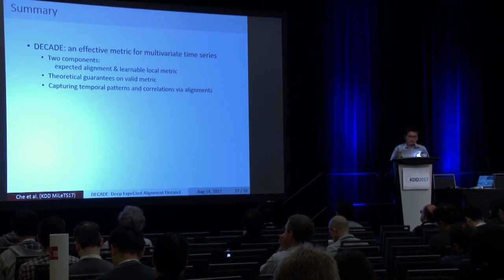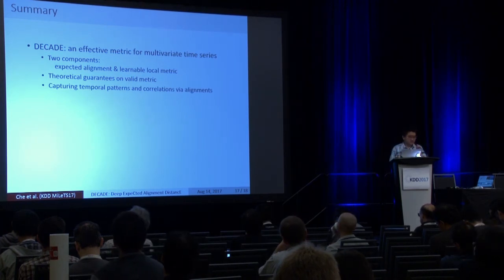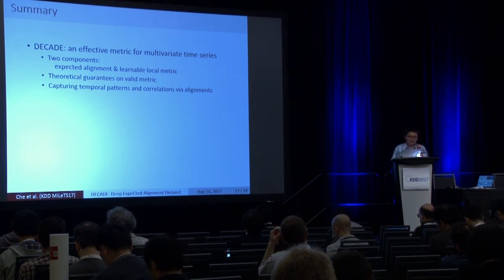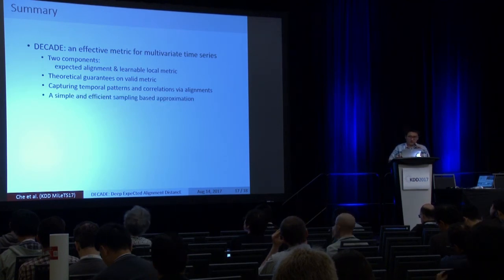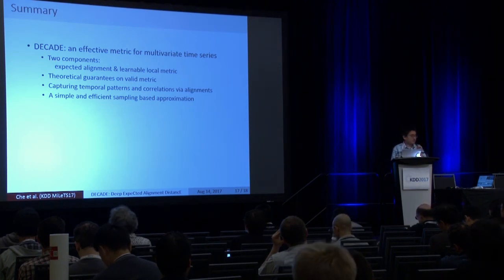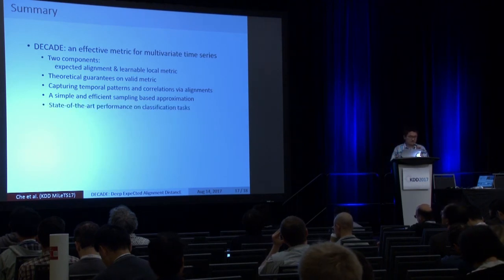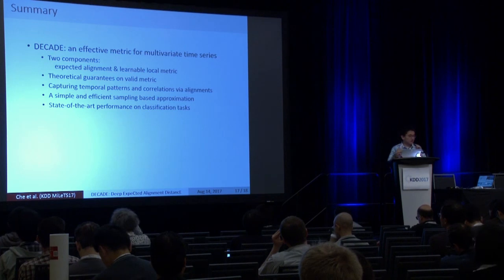And also, because we take the alignment of time series into the calculation, we can better capture the temporal patterns and correlations. Finally, we show that there's a simple and effective sampling-based approximation which can help us to calculate our distance more efficiently. And we also show the state-of-the-art performance on different data sets.